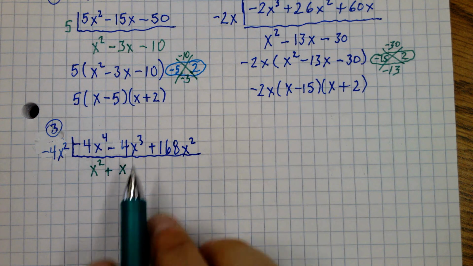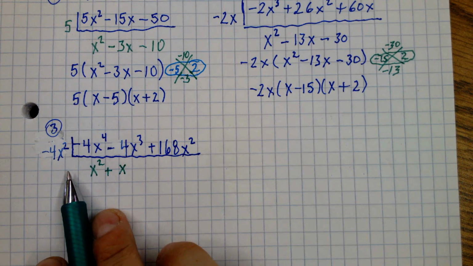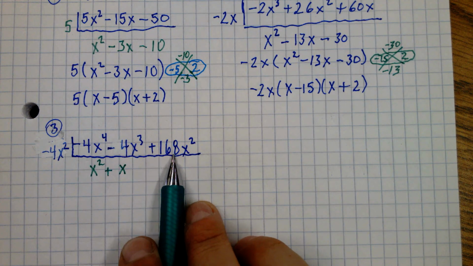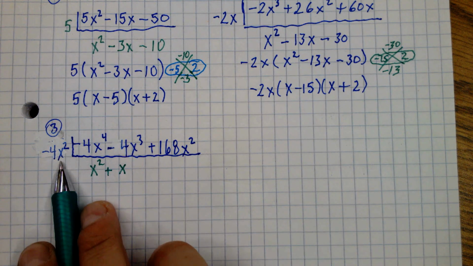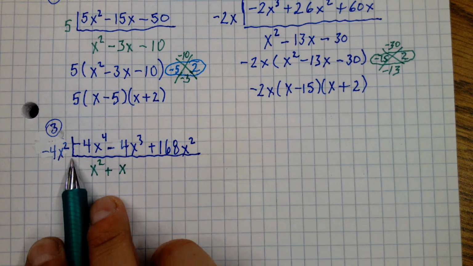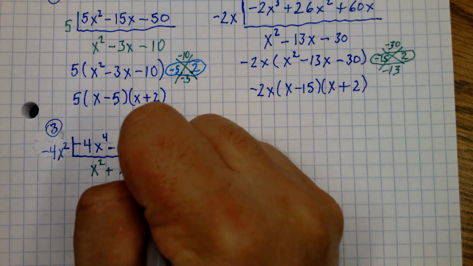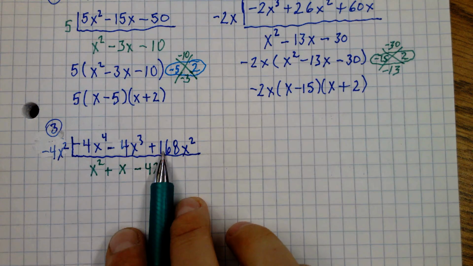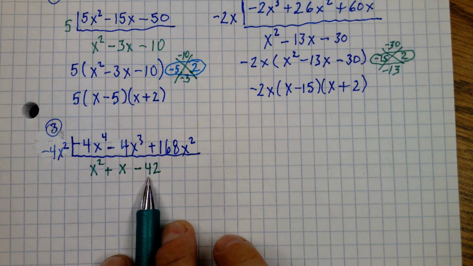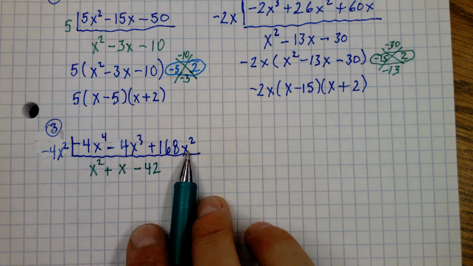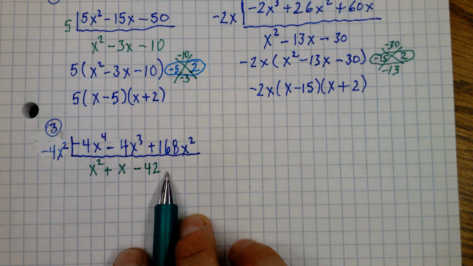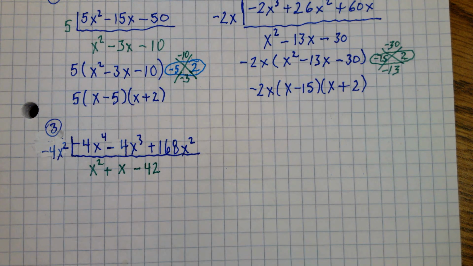Okay, so far so good. Positive 168x squared, let's divide out negative 4x squared. 168 divided by negative 4 is negative 42. X squared divided by x squared, you get rid of your variables. So now we have this.